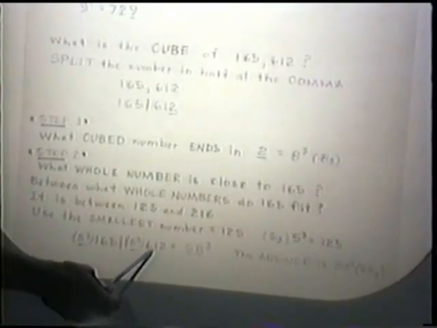Then we looked up here for 2 numbers where this 165 could fit, and we said it could fit between 216 and 125, and we picked the smallest number and we got 5. So the cube root of 165,612 is 58. The answer is 58. That's how we do cube roots.